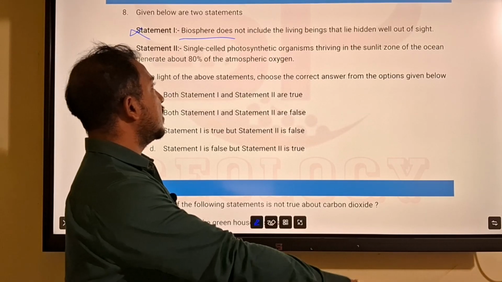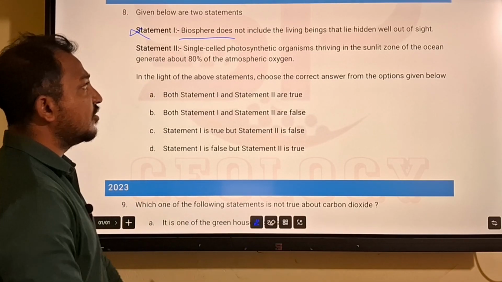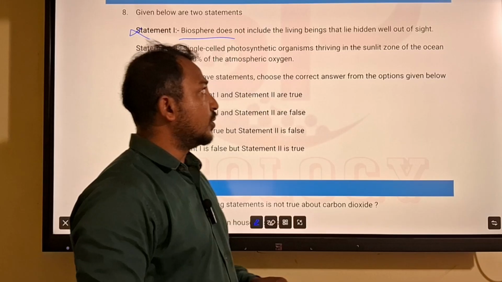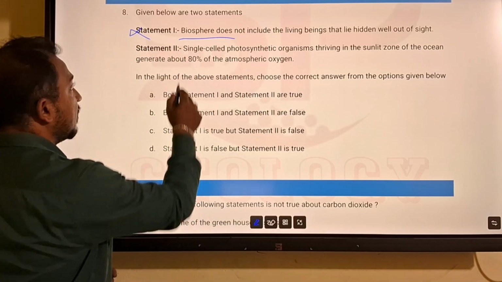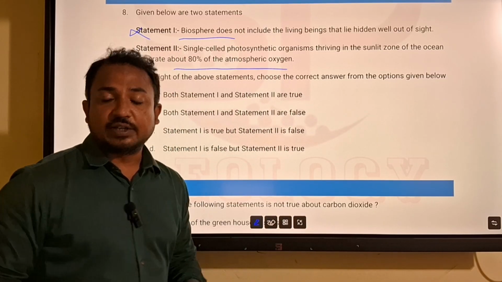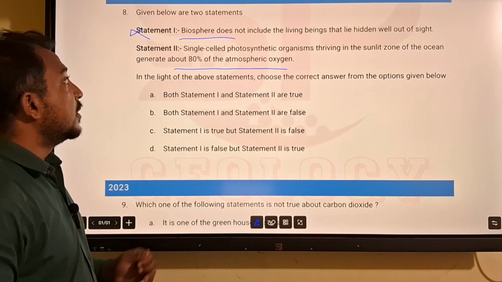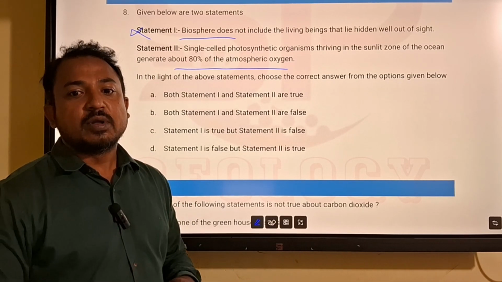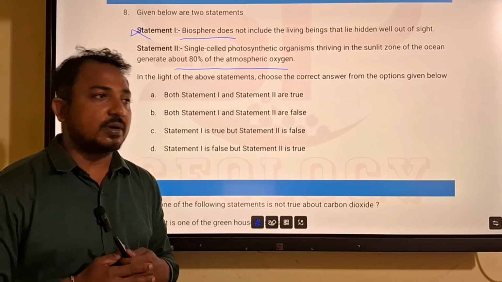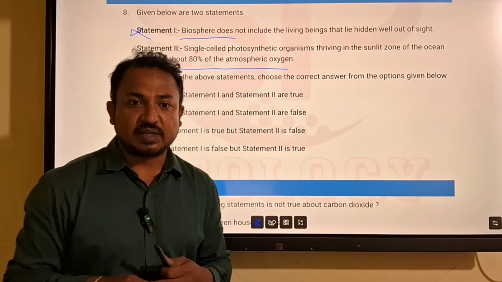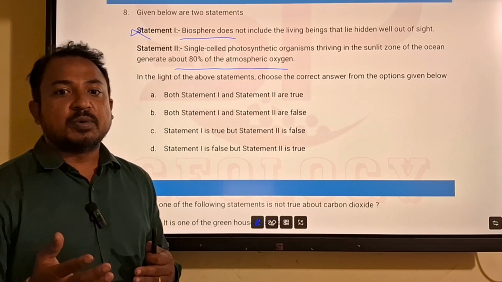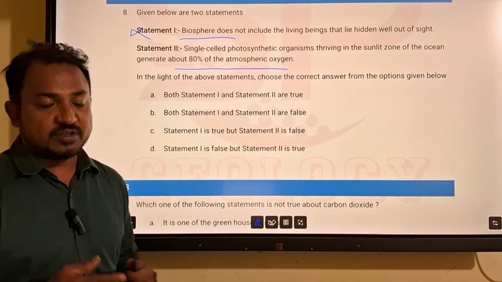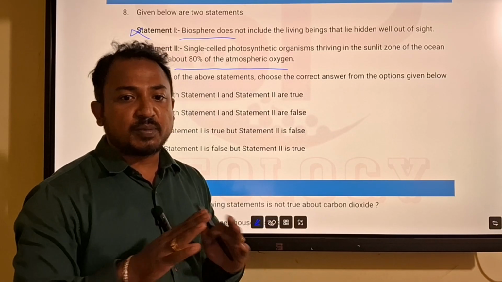Then, single-celled photosynthetic organisms thriving in the sunlight zone of the ocean generate about 80% of the atmospheric oxygen. So single-celled photosynthetic organisms are phytoplankton. They live in the photic zone of the ocean, the upper layer of the ocean. They produce oxygen by photosynthesis, so they contribute the major share.